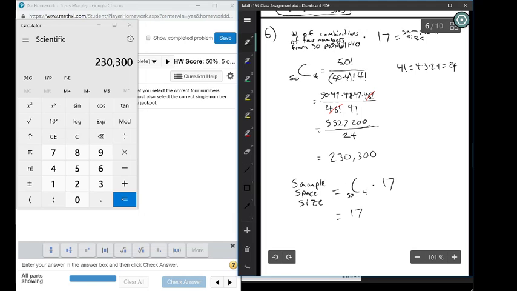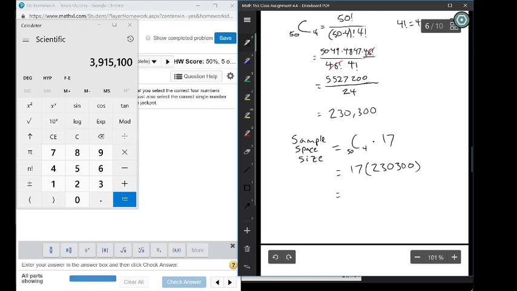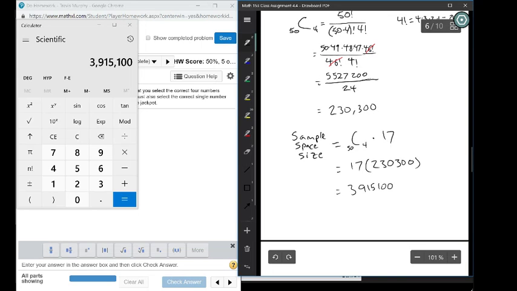So that's 17 times 230,300, which is 3,915,100.